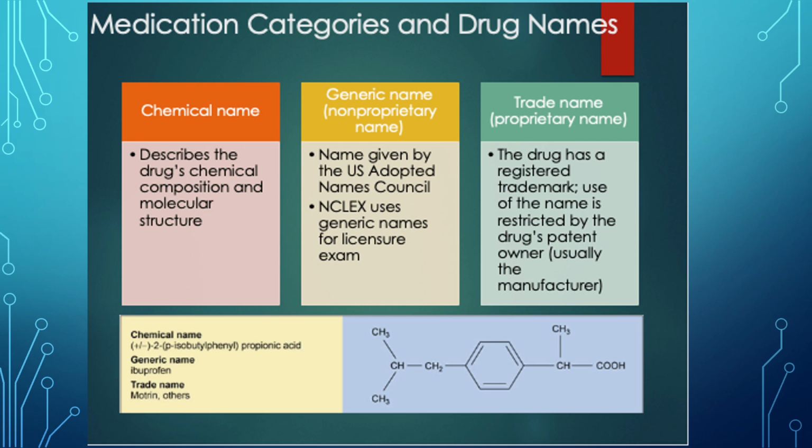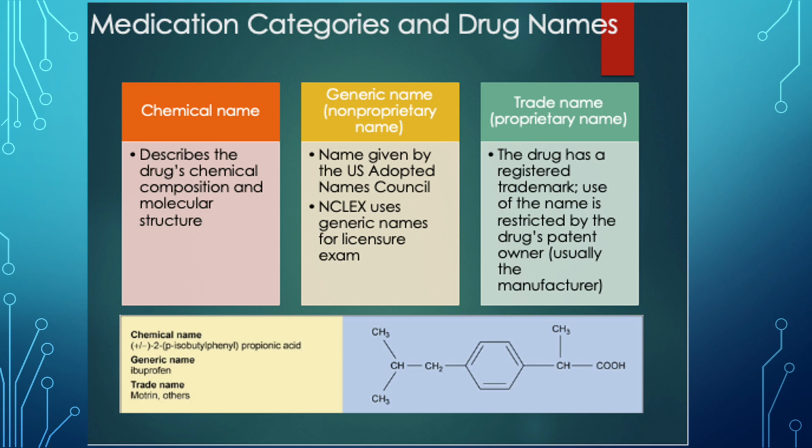There could be several different brand names for one generic medication depending on who manufactures the medication. Each company can give the medication their own brand or trade names. That's why we like to stick to the generic, because it's one name for many different companies who produce the same medication.